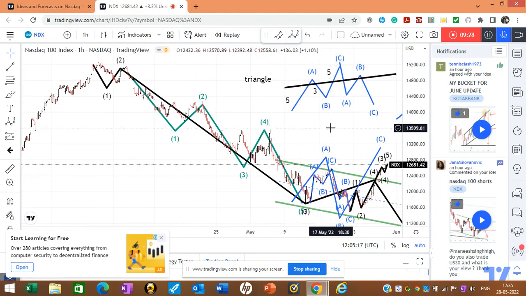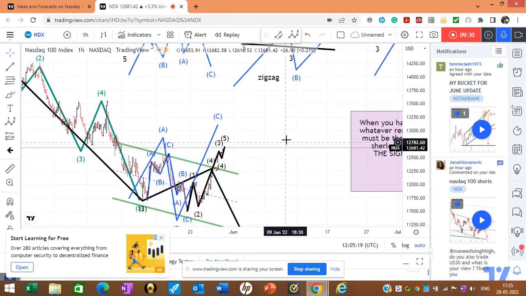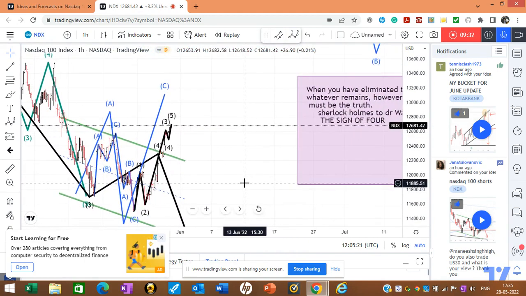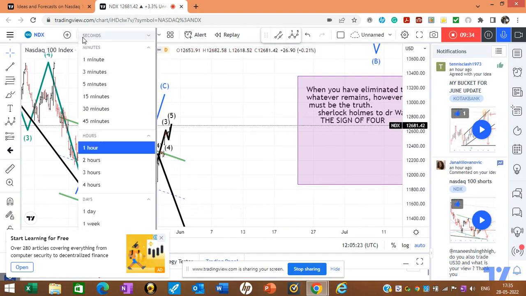So this is not a triangle, and this is not a zigzag. Now I come to my daily chart.